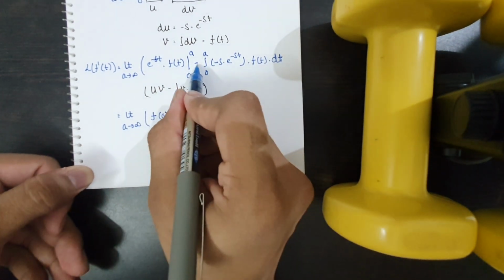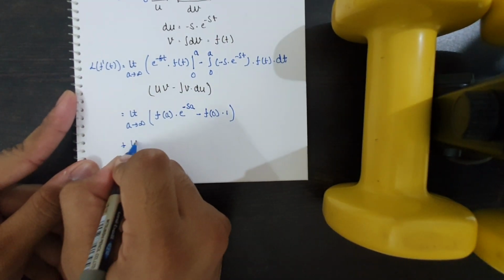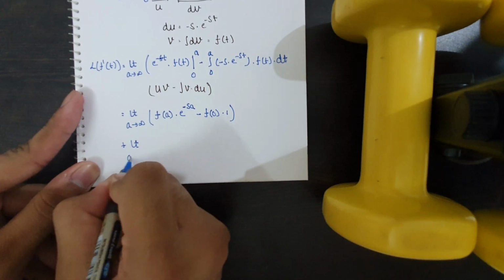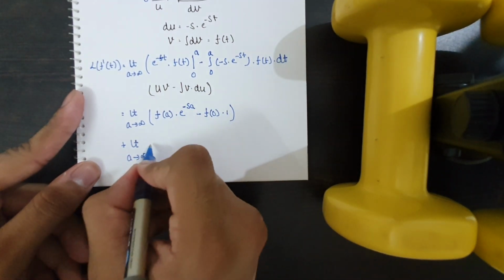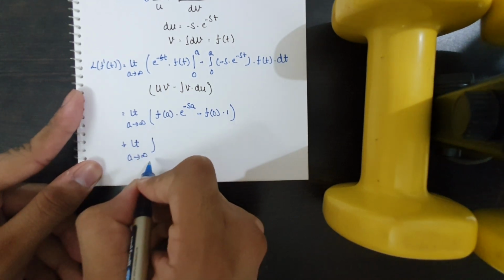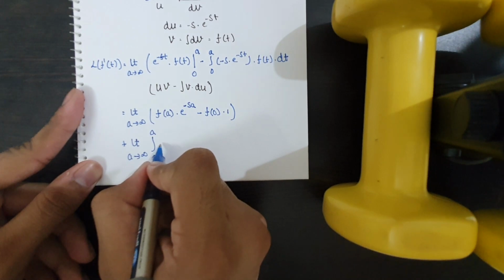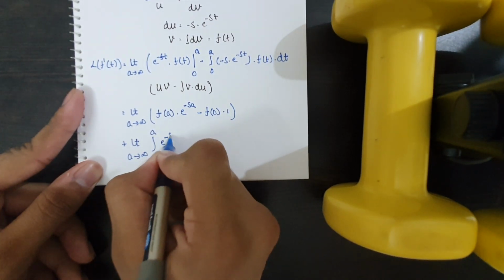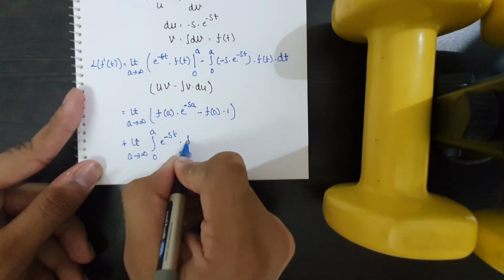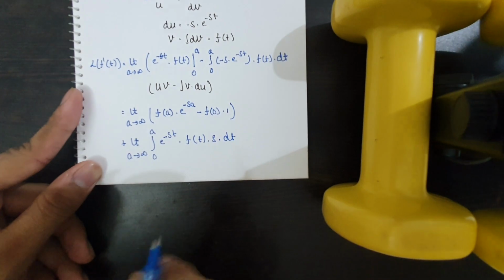Now minus and minus, when this goes outside, we get plus. Again, I have split the limits into both the parts, a to infinity, integral 0 to a, e power minus st times f of t times s dt.